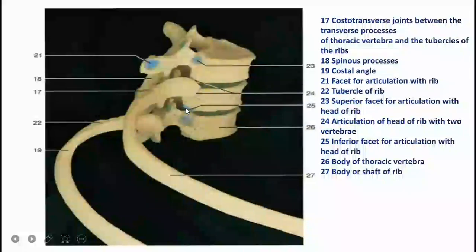Then we have point 25, the inferior facet for articulation with head of rib. Yeah, it's the inferior demifacet of this first thoracic vertebra, then the second demifacet is the superior, which is this point. The rest are the ribs, which we'll find elsewhere as we get along.